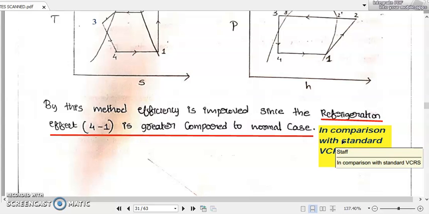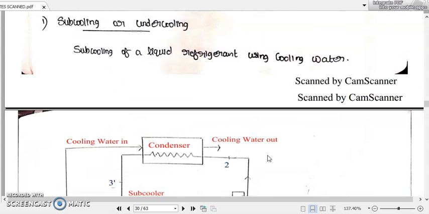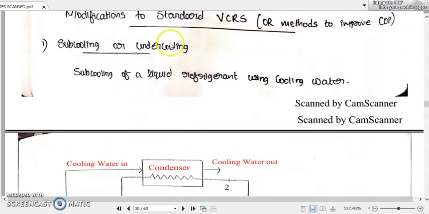So this is one method to improve the COP of our standard VCRS, and this method is called subcooling or undercooling. Here we are focusing on subcooling of the liquid refrigerant using the cooling water circuit.